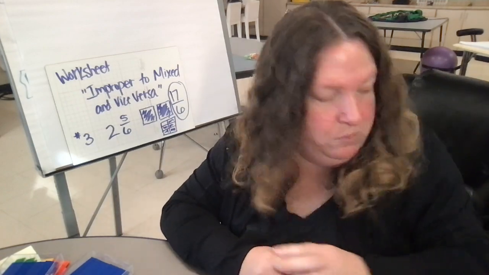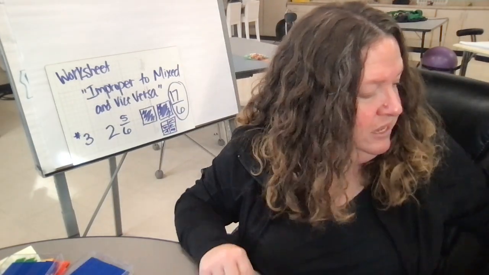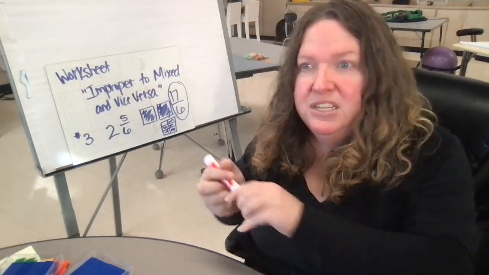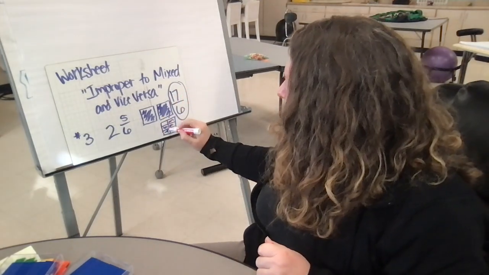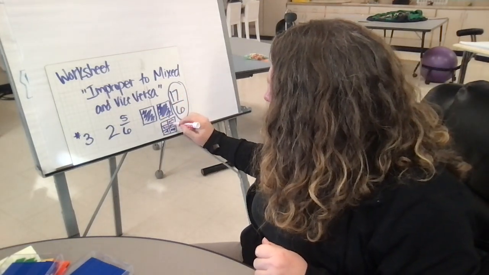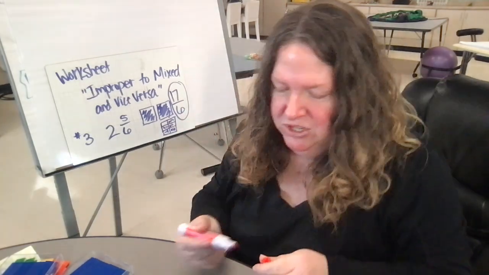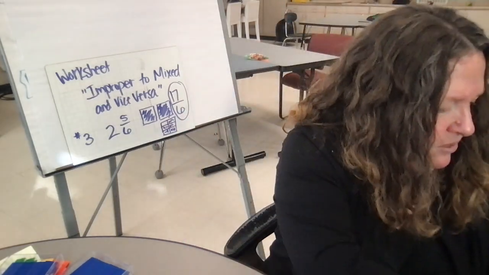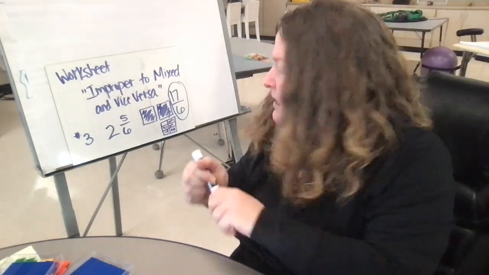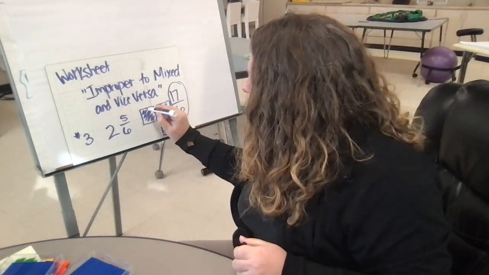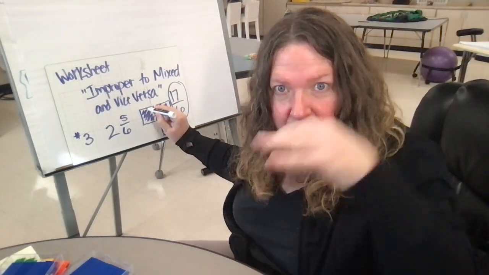Now let's see how that would look on our picture. What are we going to do to our picture to make it 17/6? We already have 1, 2, 3, 4, 5, 6. But we need to take our picture. I don't think you can see that red. Let me take a different color. Maybe you can see black better. We're going to need to divide these just like we did in our modeling.